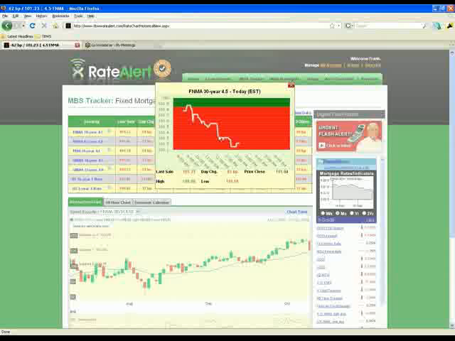Rates are definitely going up. So when it dips down into the red, that means the rates are going up. If we were going up into the green, that means the rates or the costs associated with rates are going down. Right, David? Yeah, exactly. When it's in the red, interest rates are going up. When it's in the green, interest rates are coming down. Okay, great. We can just track here and see what we've got going on.